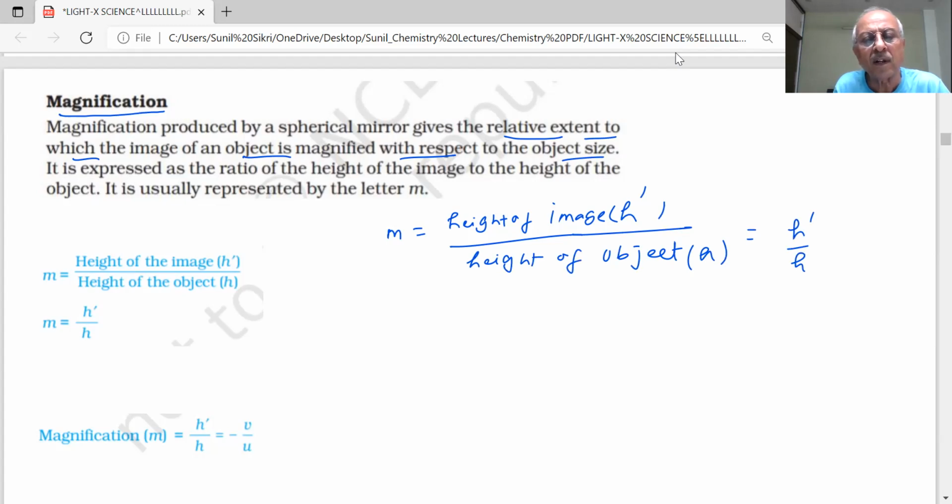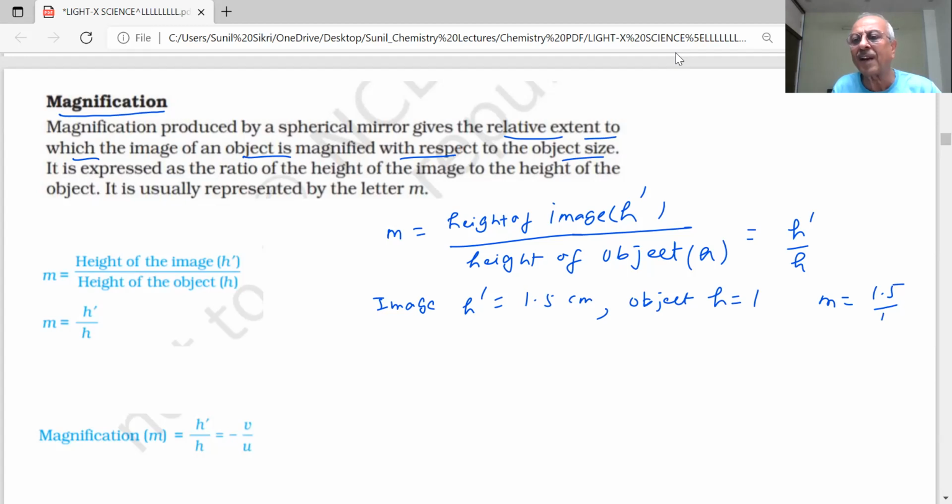Supposing, student, that the image height h dash is 1.5 centimeter and the object height is 1 centimeter. Then what will be the magnification? 1.5 by 1.